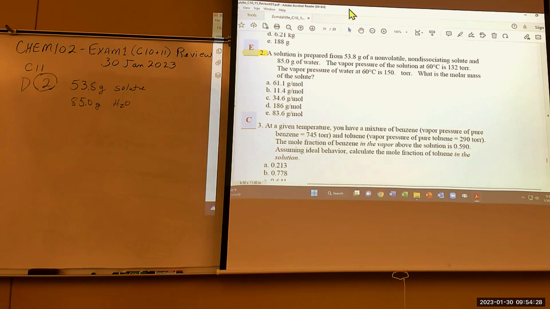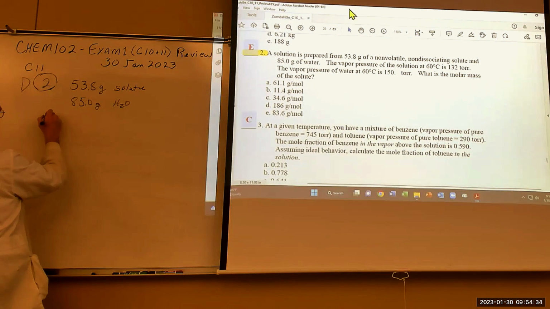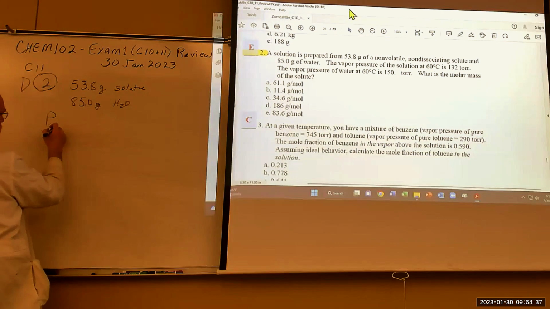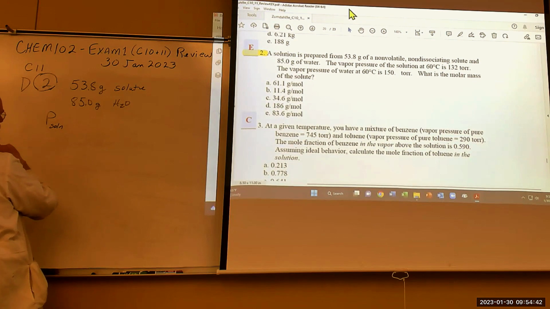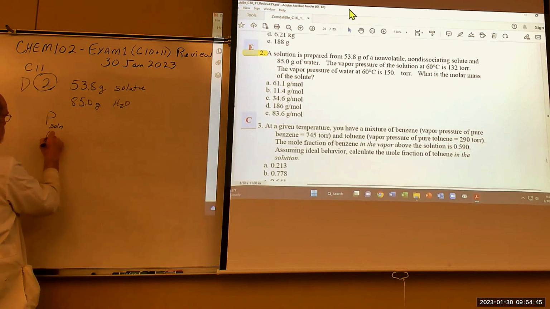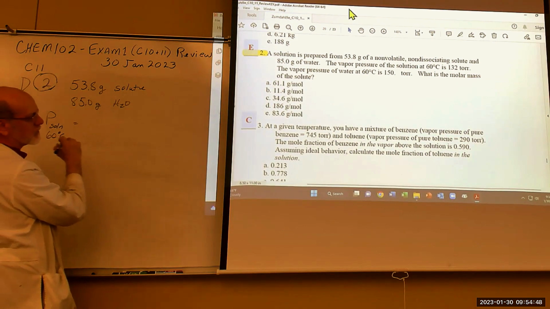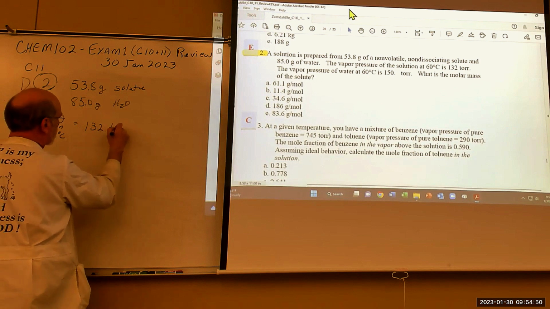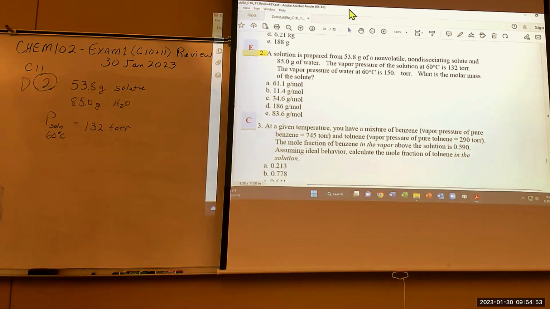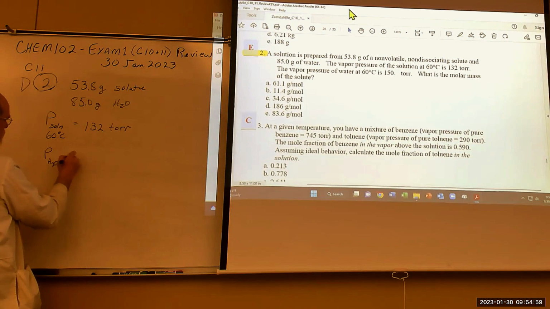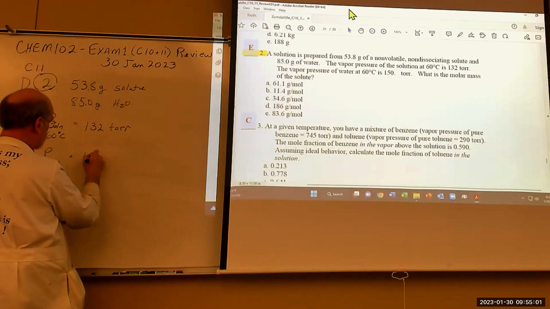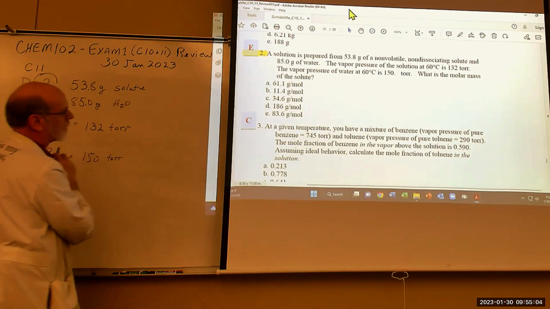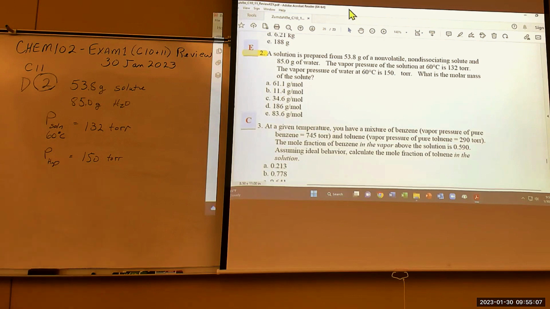The vapor pressure of the solution at 60 degrees is equal to 132 torr. The vapor pressure of water at 60 degrees is 150 torr. Okay. What's the molar mass of the solute?